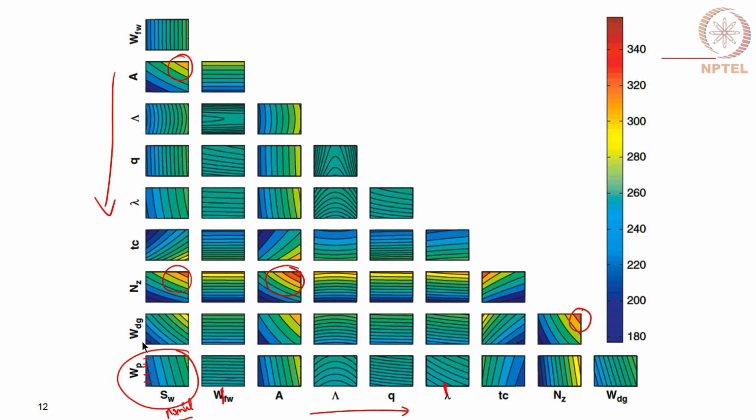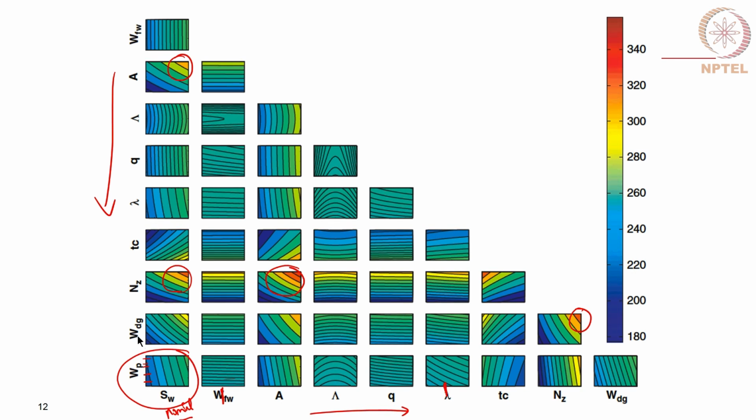FW, if you can see, mostly it is straight lines, it is just linearly increasing. Other than this particular graph, all of them are linear for this particular variable. If I change this, how much is it varying?